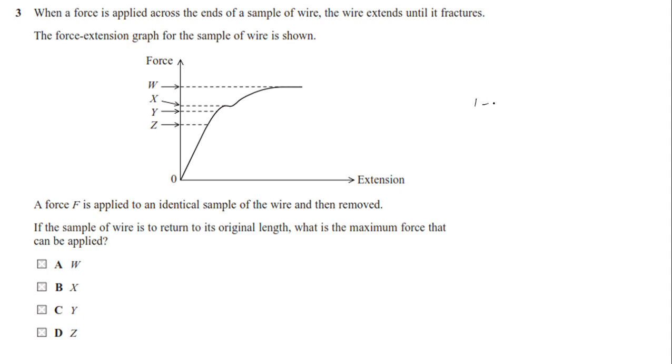One is called the limit of proportionality, and the second one is the elastic limit. So for the limit of proportionality, there are two things: the material obeys Hooke's law and the material remains elastic.